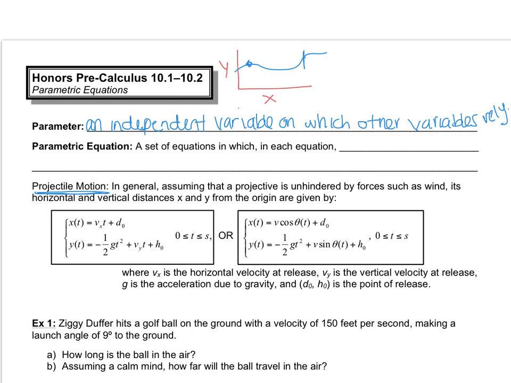So the definition of a parametric equation is a set of equations in which in each equation a different variable, and in our case our variables are x's and y's, is expressed in terms of the same parameter.